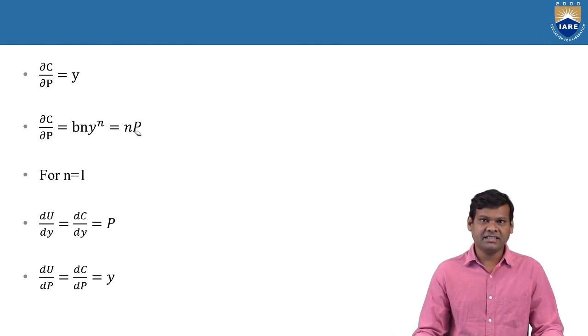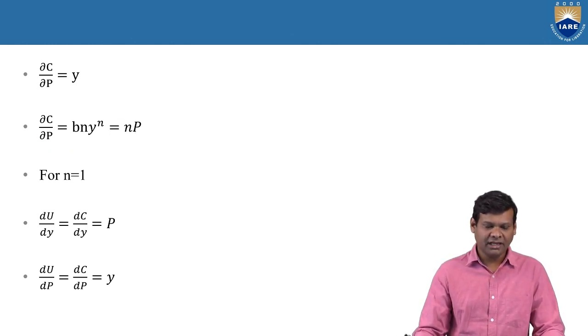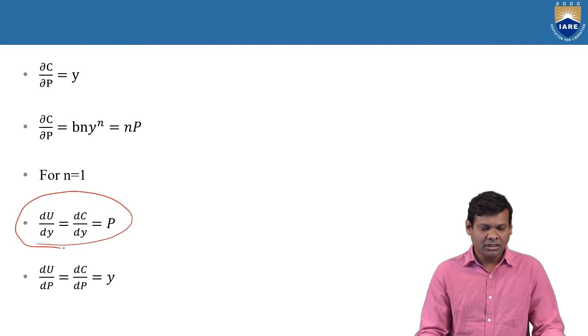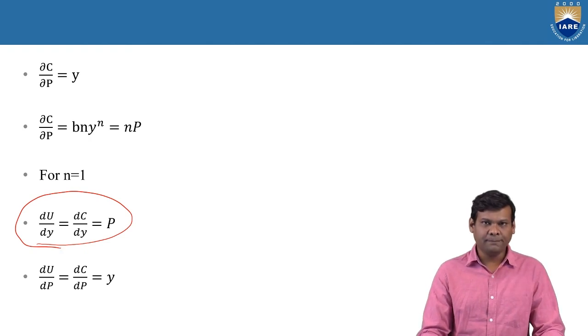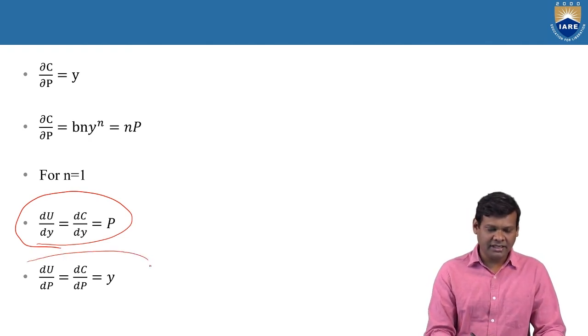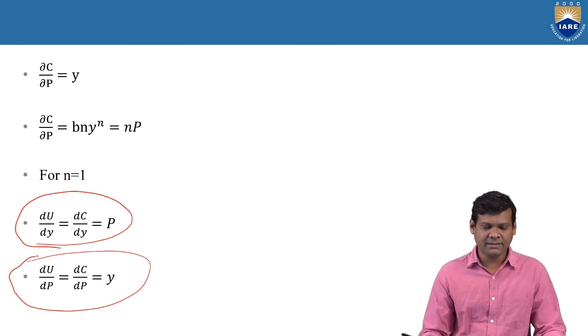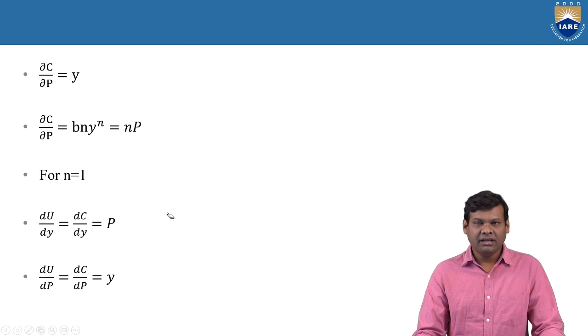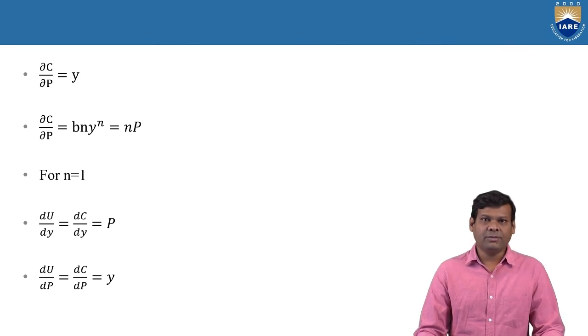And for the linear case, n equal to 1. Finally, what we can say is that dU by dY equal to dC by dY equal to P, and dU by dP equal to dC by dP equal to Y. That is, the strain energy and complementary energy can be interchanged.